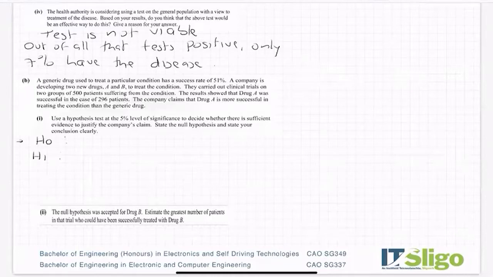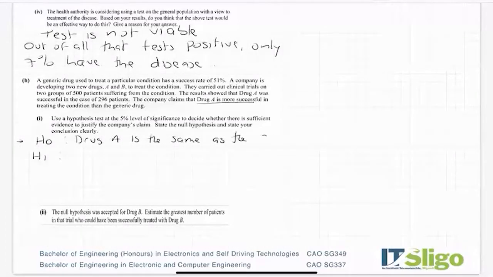So the null hypothesis in this would be that drug A is the same as the generic drug. That's what we call the null hypothesis. The alternate one is a bit like a revelation. This is big news: drug A is better than the generic drug.